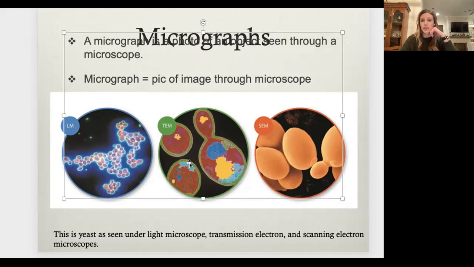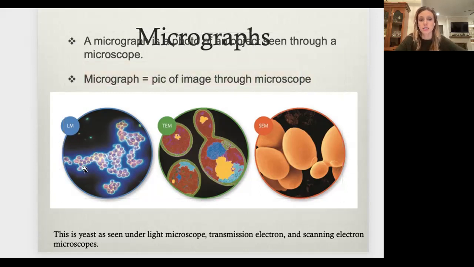Basically it's a picture of what you see through the microscope on the computer. You have a camera attached to your microscope and the computer, and instead of you looking through, your camera's just taking pictures of your specimen. It's pretty cool. So what's the definition of micrograph? It's a picture of the image that you've seen through the microscope.